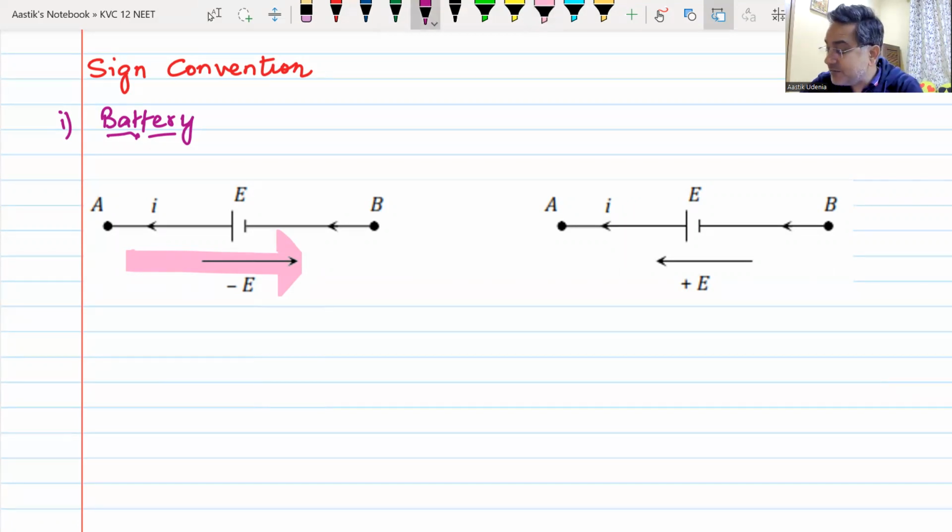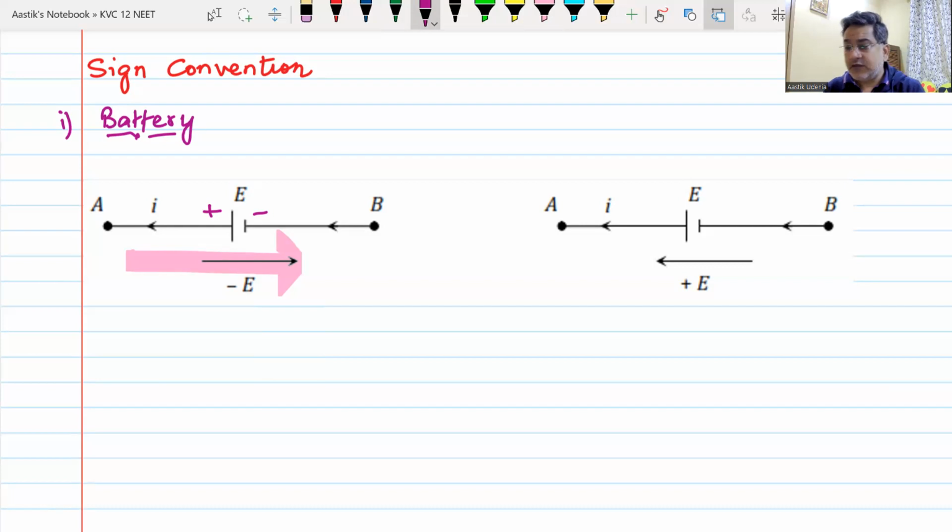Now, when I am moving in this direction, the pink direction, you are moving from positive terminal to negative terminal, yes or no?